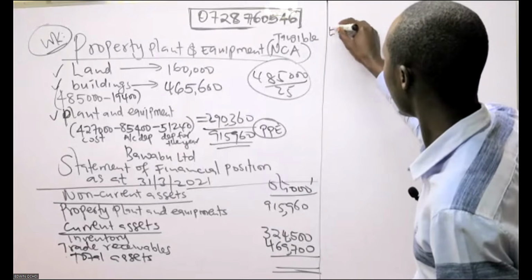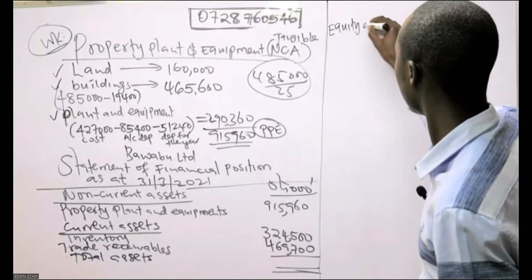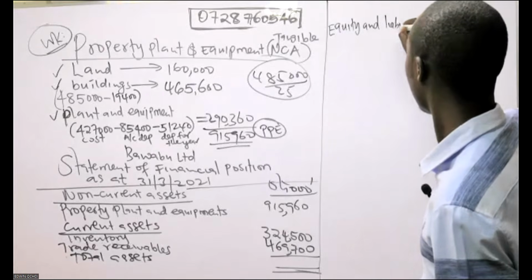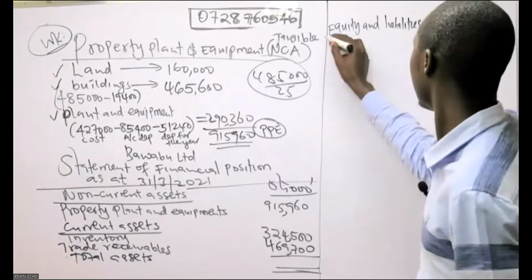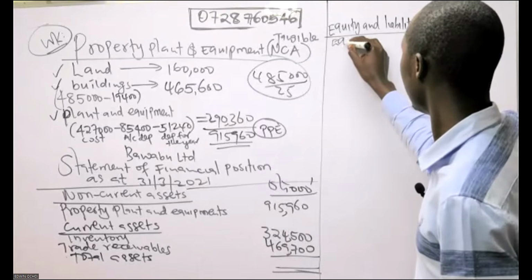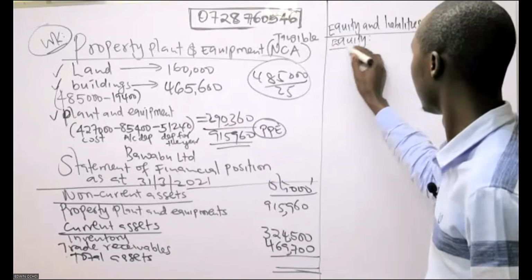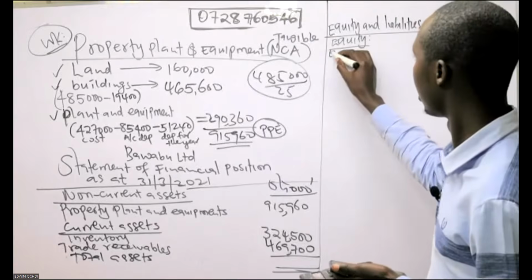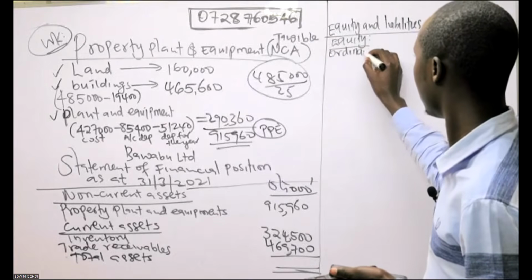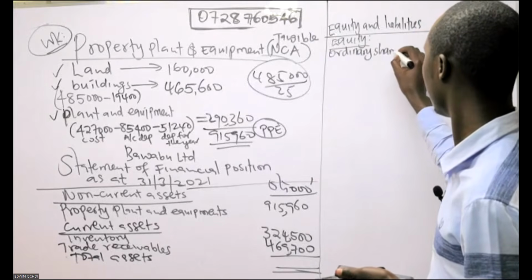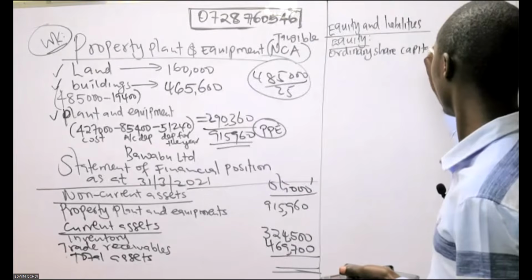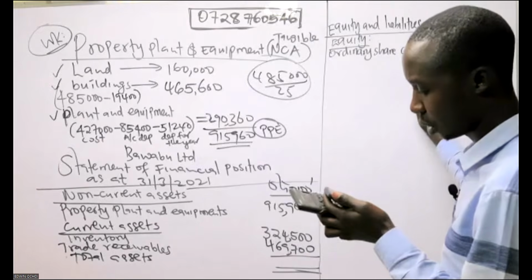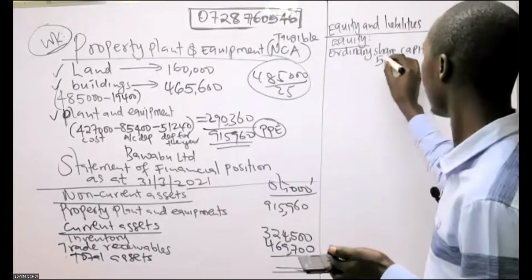So equity and liabilities. We talk about equity, ordinary share capital. The value of the ordinary share capital is 560,000.